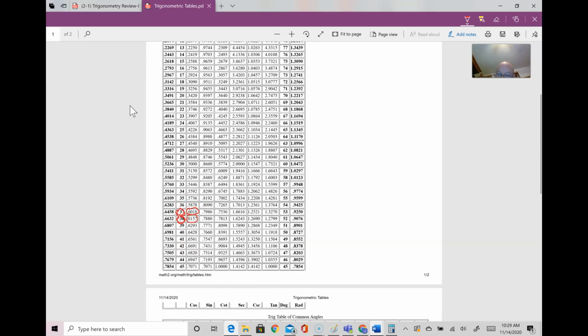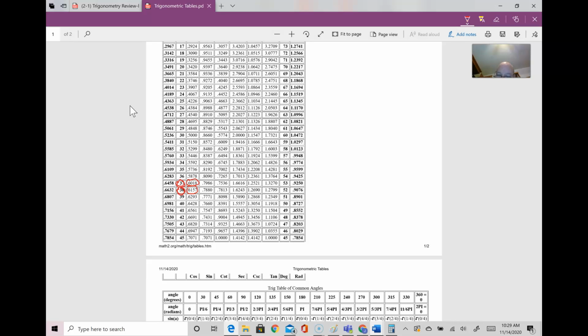Notice that down here at the bottom I've got to use the column that says sine for the opposite side of the table. This bottom row tells me where the sine column is. So the sine column is now here for the angles greater than 45 degrees.